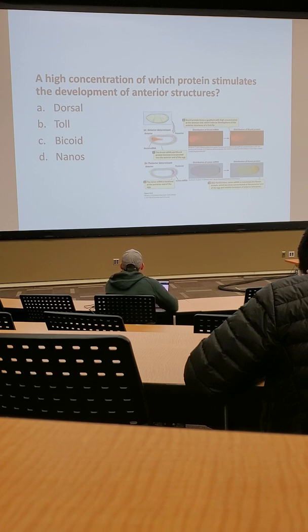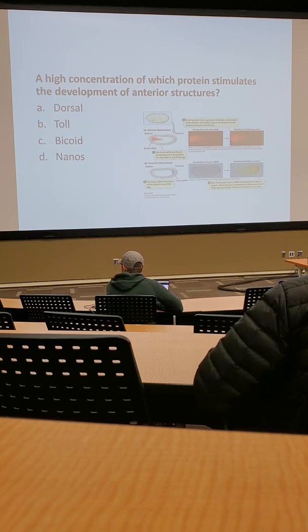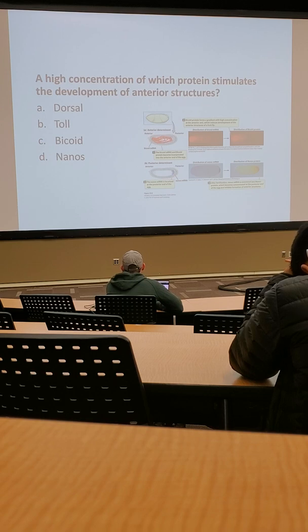Okay, as you're answering this, I'm going to draw something. Let's say now we have a mutant. We found this bicoid mutant that now, instead of being expressed in this localized region in the anterior, is expressed in the whole embryo.